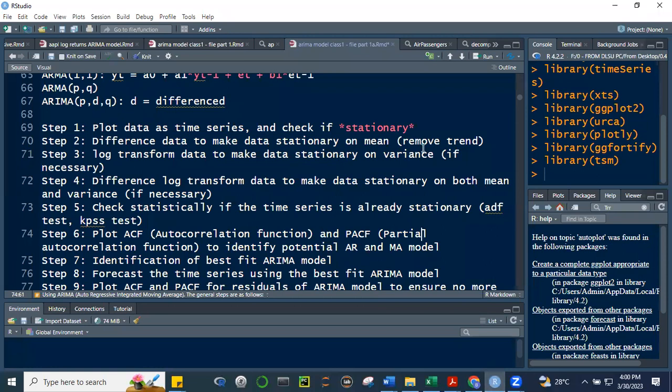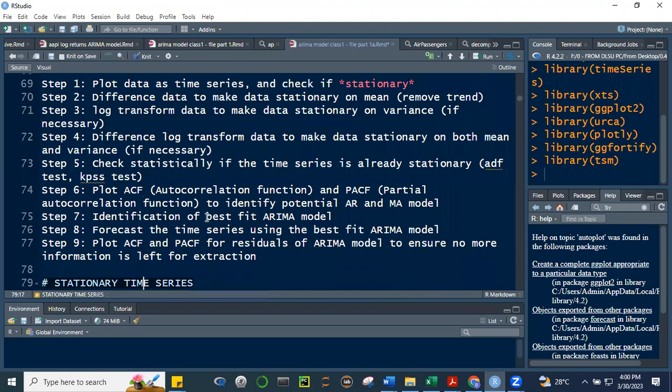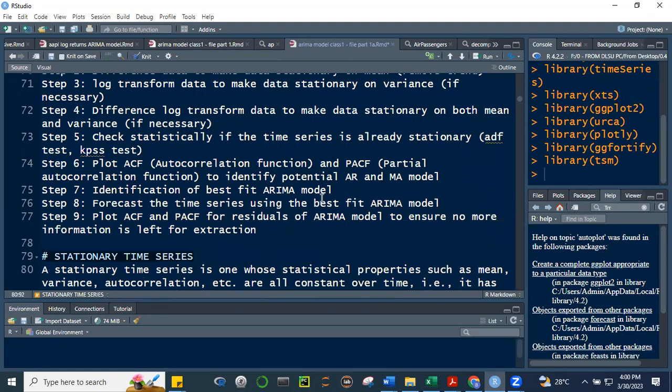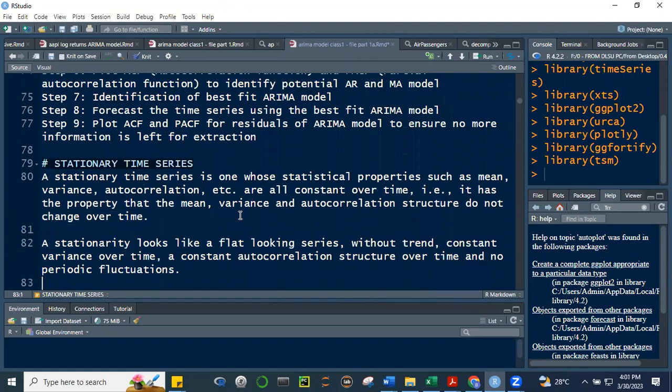So this is very important, yung ACF and PACF. It's not only used to determine kung AR process ba siya o MA process, it's also used to determine kung white noise na yung residuals natin. Alright? And then you identify the best ARIMA model based on that. And then, once again, plot the ACF and the PACF for the residuals, to ensure no more information is left for extraction.